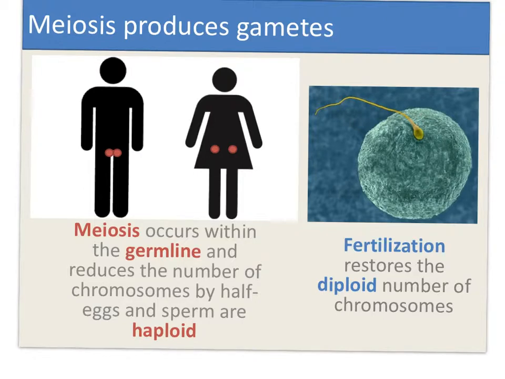So a zygote is diploid. It now has 23 pairs or 46 chromosomes like the adult. From then on, as it develops from a single fertilized egg into a whole human being, it's going to undergo millions and millions and trillions of rounds of mitosis, where you get identical daughter cells.